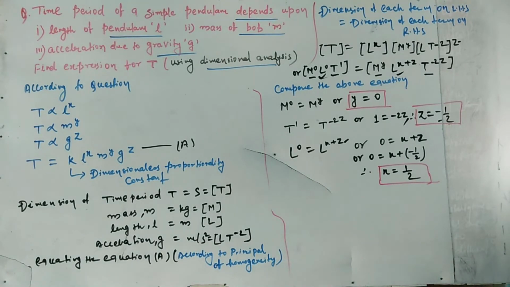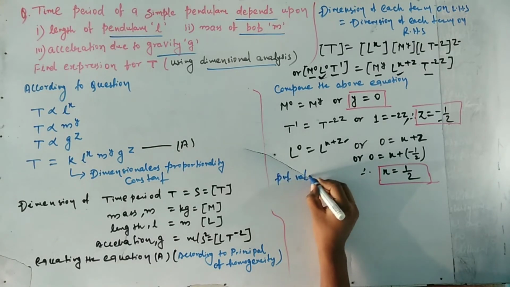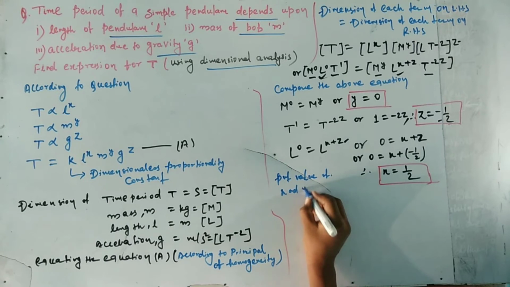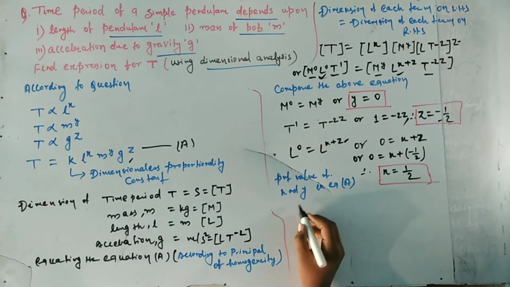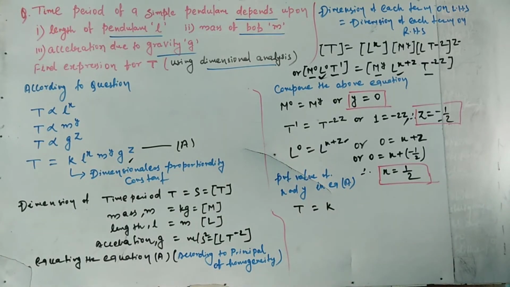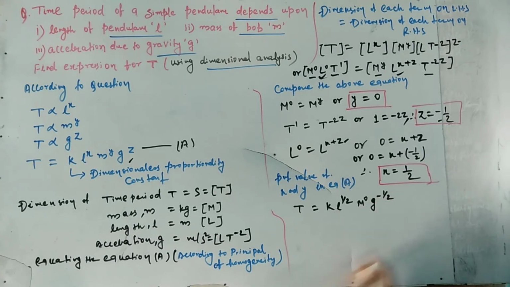Now we put the values of x, y and z in equation A to complete the equation for time period. The equation will be T equals K into L to the power 1 by 2 into M to the power 0 into g to the power minus 1 by 2.